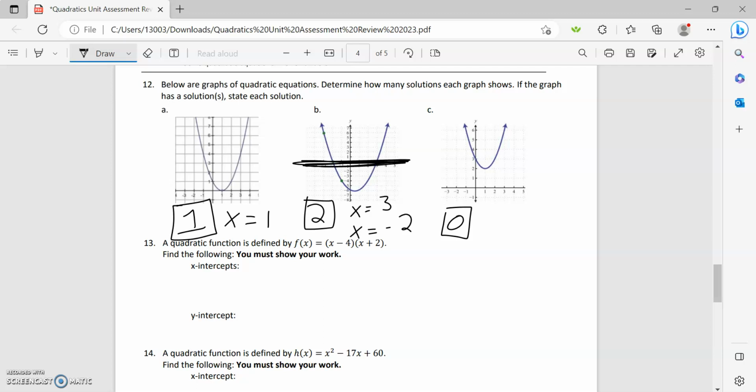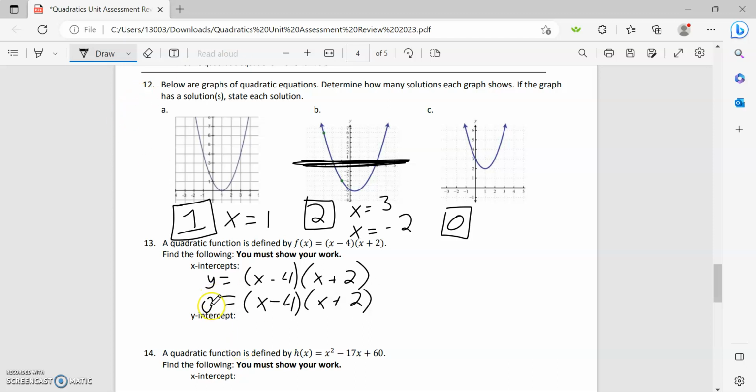What that means graphically also is that whatever I plugged in for x, I got a 0 out in the y direction. So if I have y equal to x minus 4 times x plus 2, the x-intercepts happen when y is 0. So I'm going to set 0 equal to x minus 4 times x plus 2.